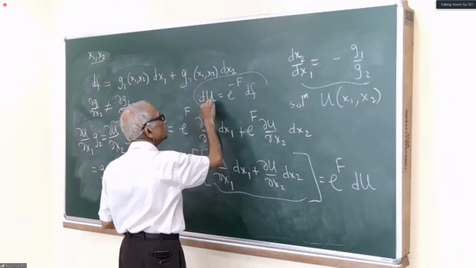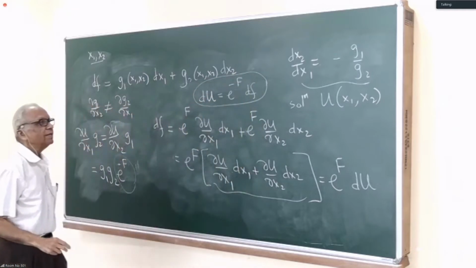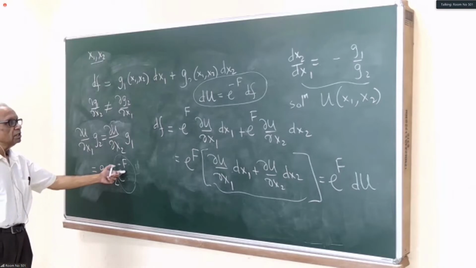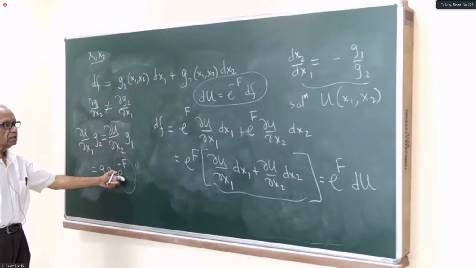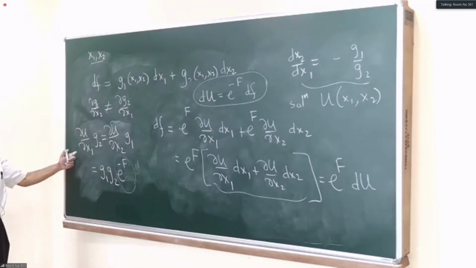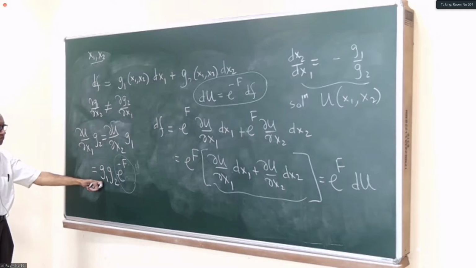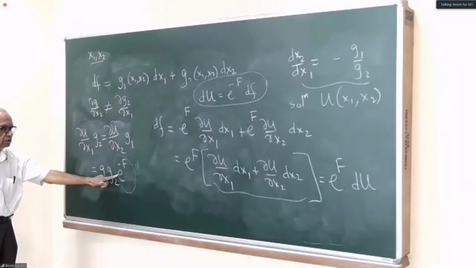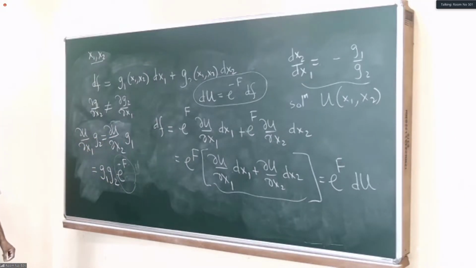And so df could not be integrated, but you get this quantity e to the power minus f defined by this relation over here: G1 del u del x1, G2 is del u del x2, is equal to G1 G2 e to the power minus f.